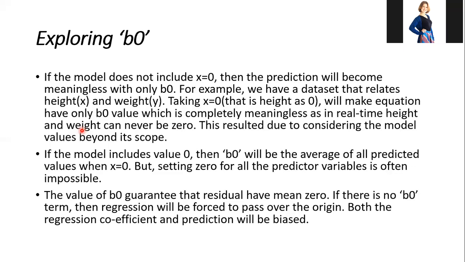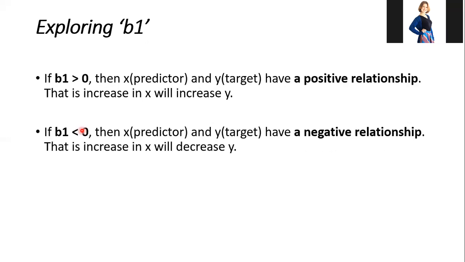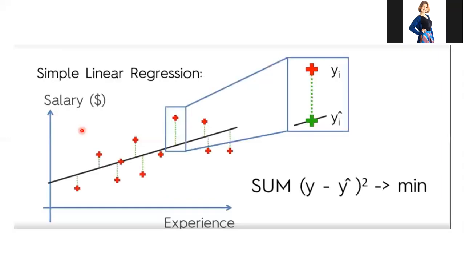B0 also shows the value of our target when the predictor is equal to 0. It's like a shift. Sometimes your model does not include 0. For example, when you have weight and height and you're trying to find a connection between them.